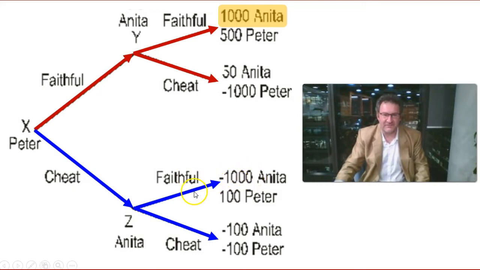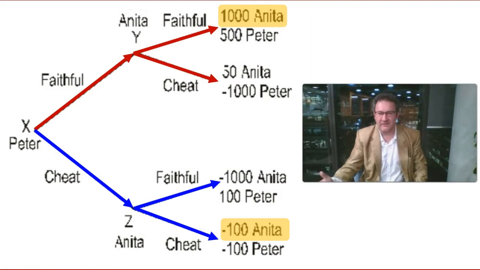If she remains faithful, then she'll experience 1,000 units of unhappiness. However, if she cheats, she'll only experience 100 units of unhappiness. So less unhappiness is assumed to be better, so she would choose to cheat. If Peter cheated, then she would choose to cheat.